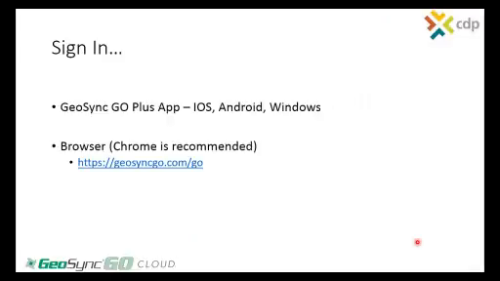One, you can download and install the app on iOS, Android, or Windows operating systems, or you can use a browser to go to https://geosyncgo.com/go and use the web-hosted app. We recommend using Chrome for the browser for the web-hosted app.